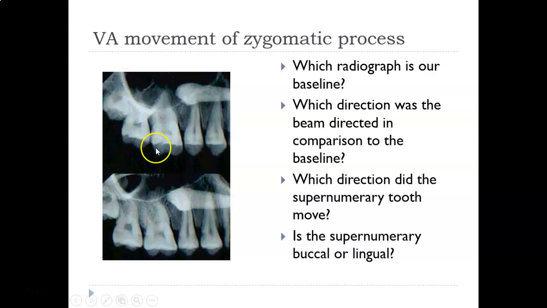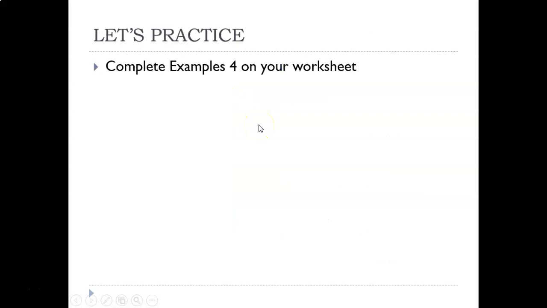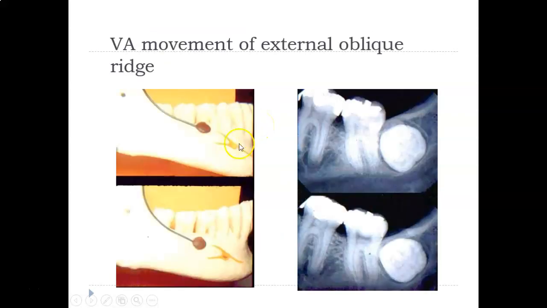So everything that's buccal moved in the same direction as the beam. The cusps, the maxillary sinus, the zygomatic process for sure is what we'd pay the most attention to. They all moved in the same direction as the beam, but our object of interest moved in the opposite. So it's more lingual.